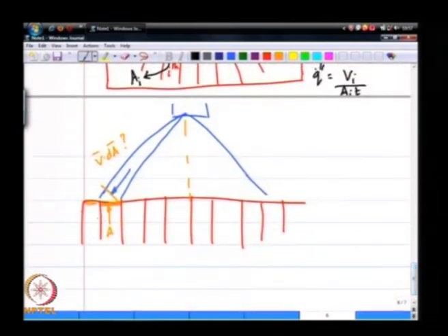The third is what is called a sector patternator.